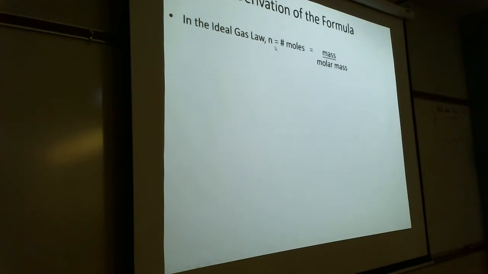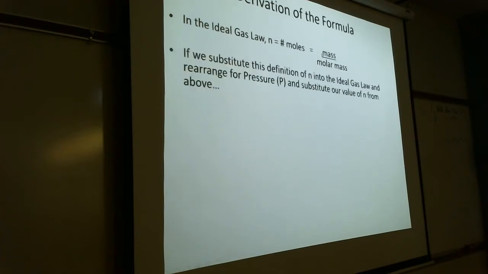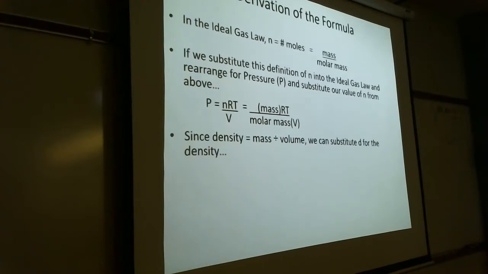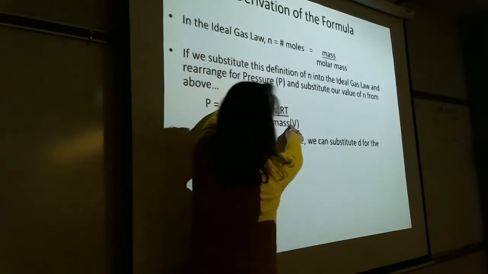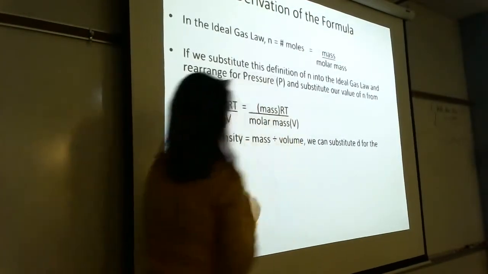Because in the ideal gas law, n is number of moles, and that's mass over molar mass, grams per mole. So if we substitute that into the ideal gas law and rearrange for pressure, P is equal to nRT over V. So if we substitute n as mass over molar mass, and since density is mass over volume, this little piece goes away.